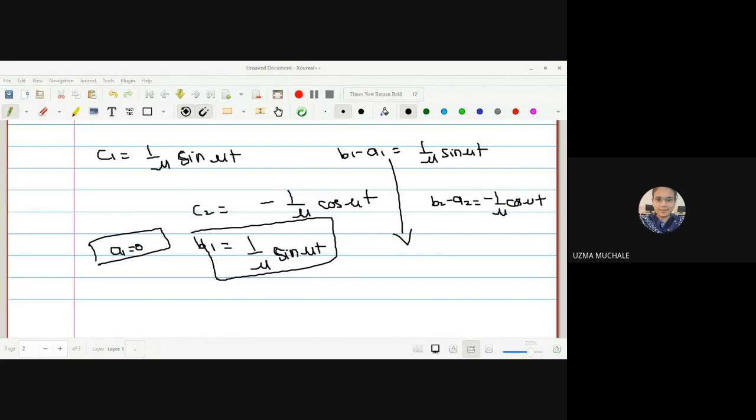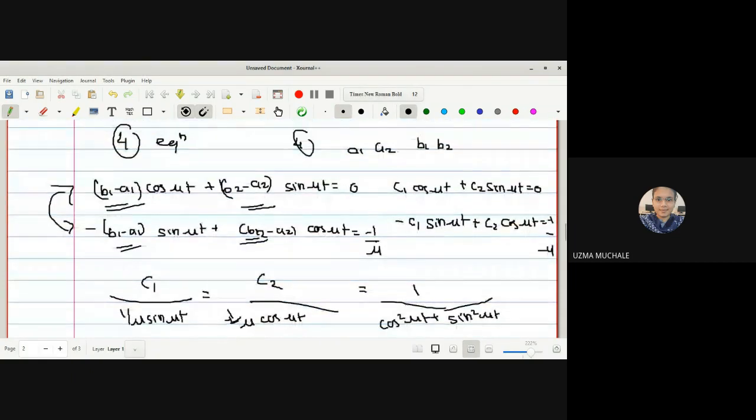What will be the values of b2 and a2? a1 and b1 we have calculated. How do we find the values? We have to use these equations.